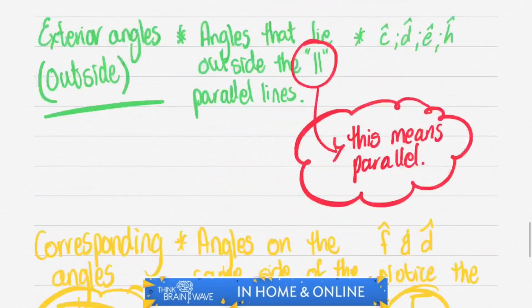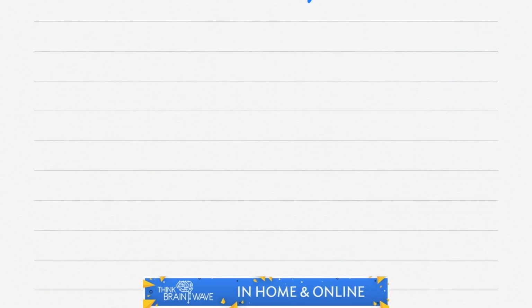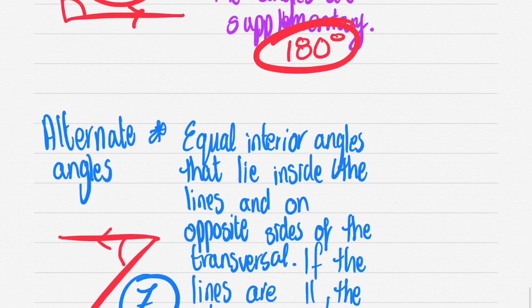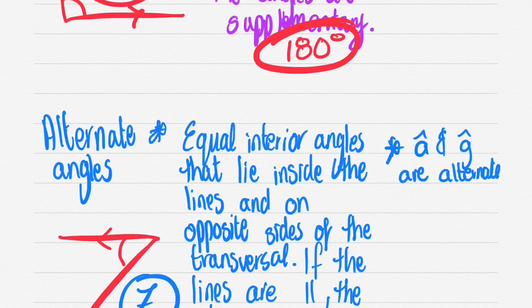And they form the Z shape that we were discussing for alternate angles. Over here we see that our examples would be the angles A and G, which fulfill the Z shape that we described earlier.